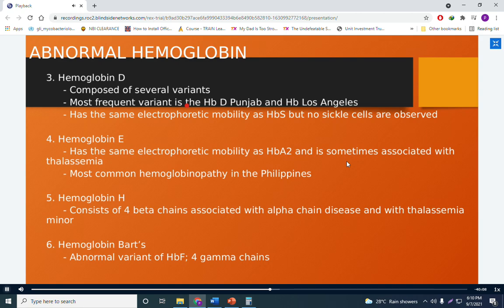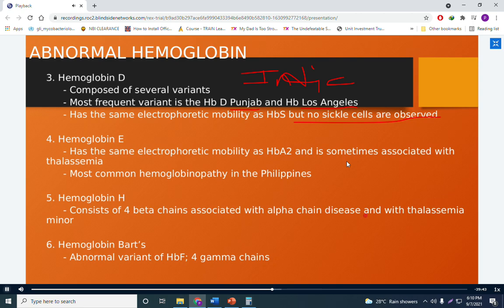So, the most frequent variant class sa hemoglobin D na maki-encounter nyo is your Punjab and your Los Angeles hemoglobin. So very common to, I think, in India and in South America class. It has the same electrophoretic mobility as your HBS, but no sickle cells are observed.